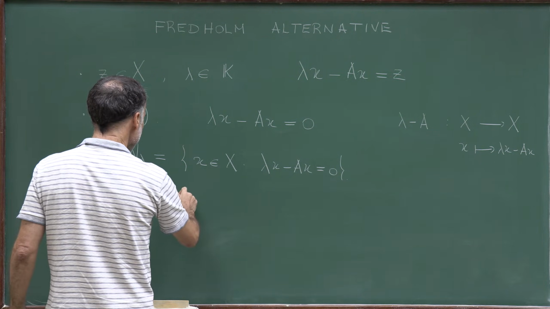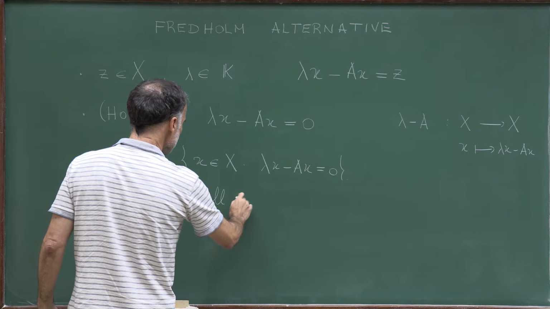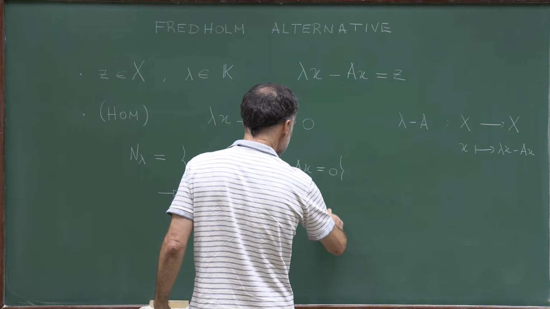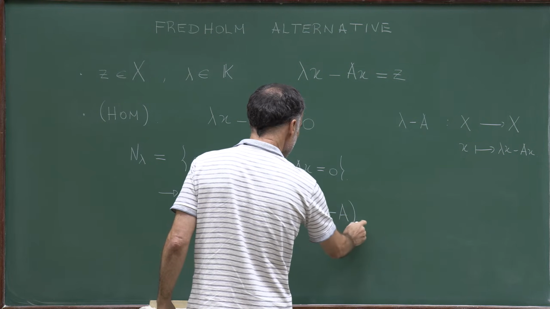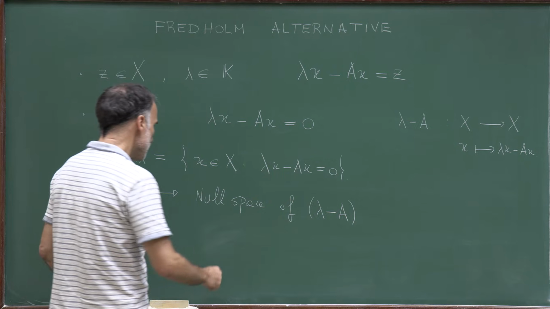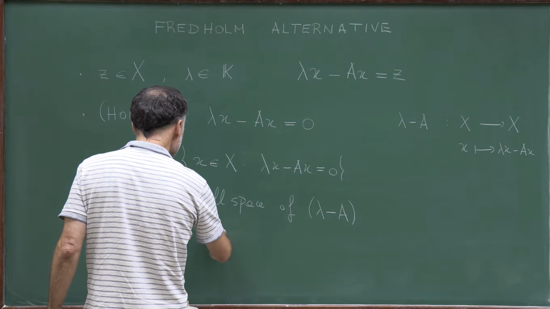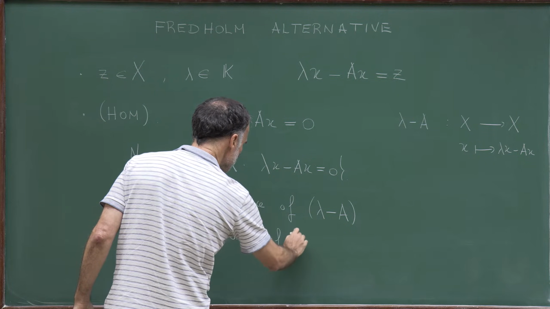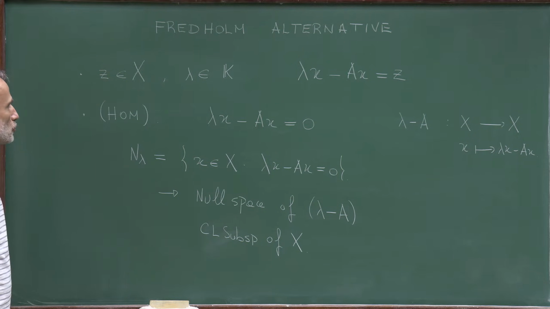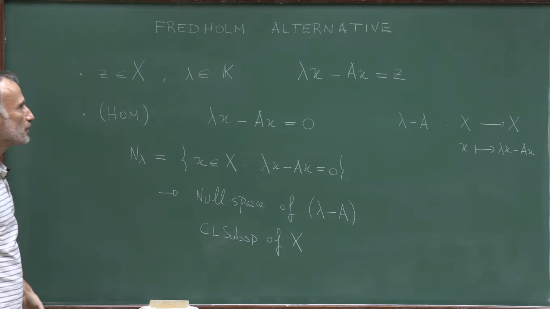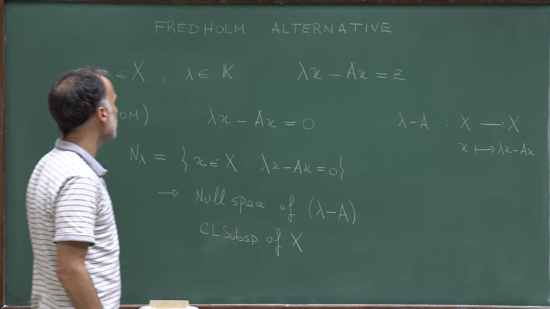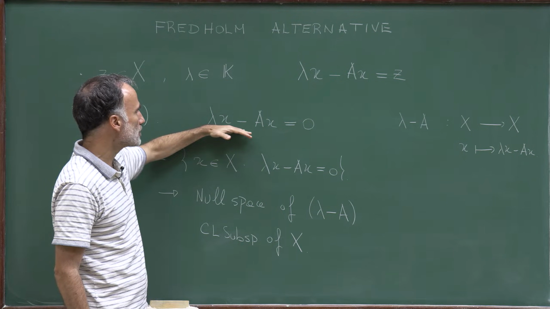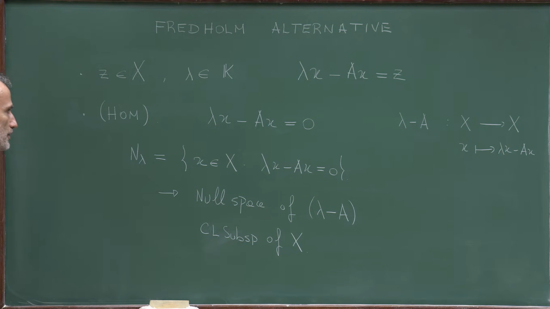So N(lambda) is the null space of the operator lambda minus A. And as a null space, you can check that this is a closed linear subspace of X. So I want to investigate existence and uniqueness of this solution, and I will use information on uniqueness of solutions in order to guarantee existence of these solutions.